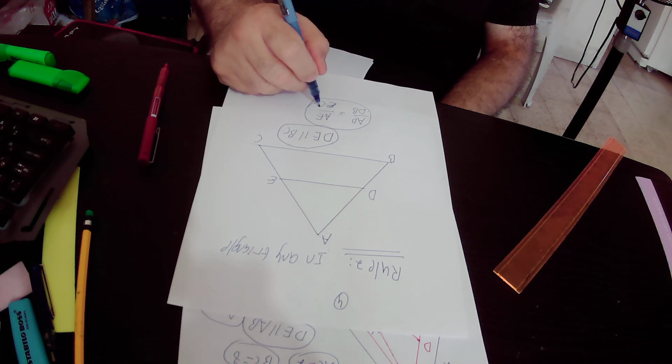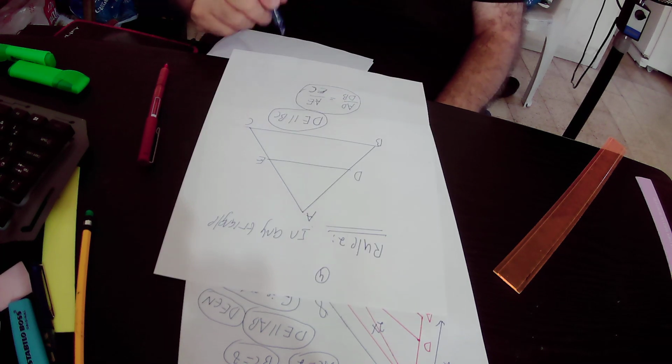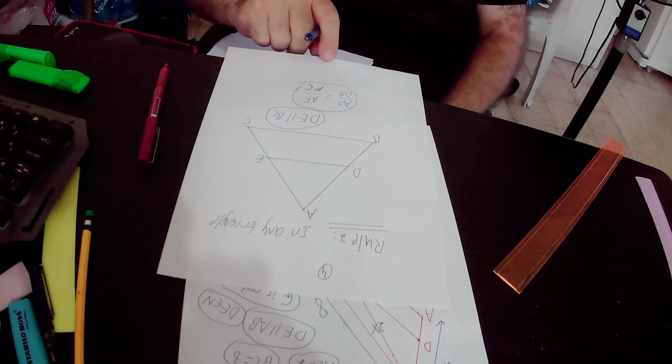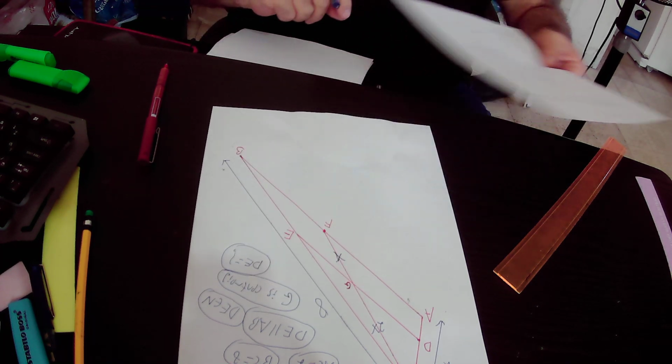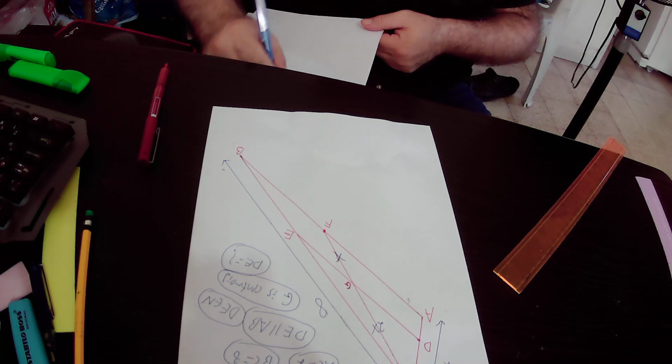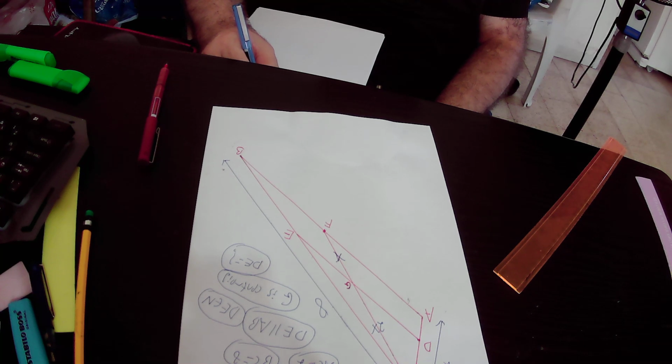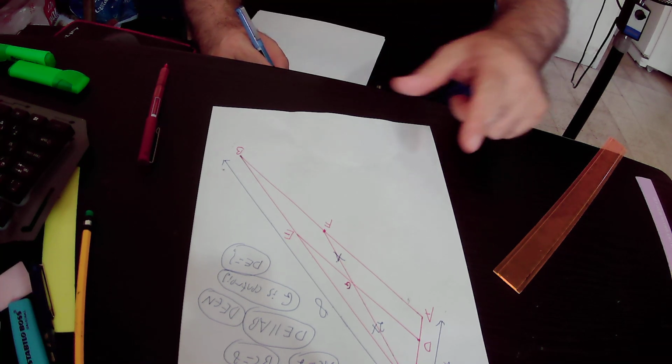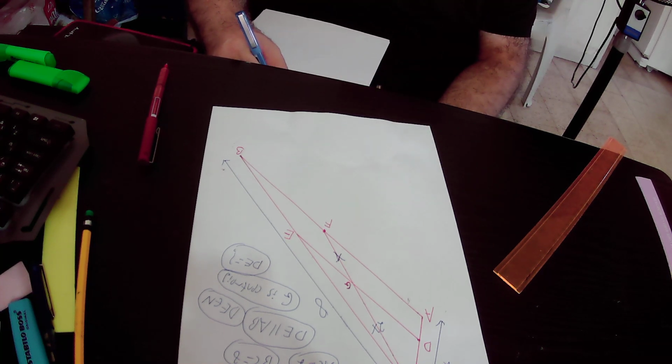Okay, so again we can implement rule number 2 in our drawing, because in our drawing we know that line segment DE is parallel to AB.